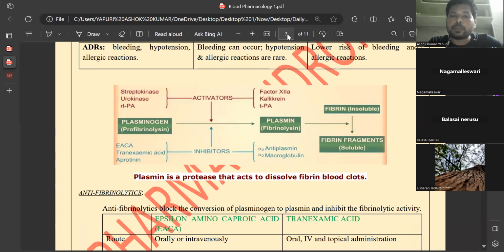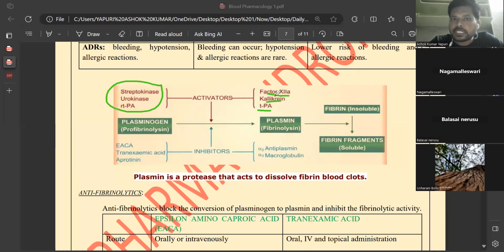And generally, these fibrinolytics or thrombolytics are also known as plasminogen activators. Examples are streptokinase, urokinase, and recombinant tissue plasminogen activators. And apart from that, there is factor 12A, kallikrein, as well as tissue plasminogen activator.